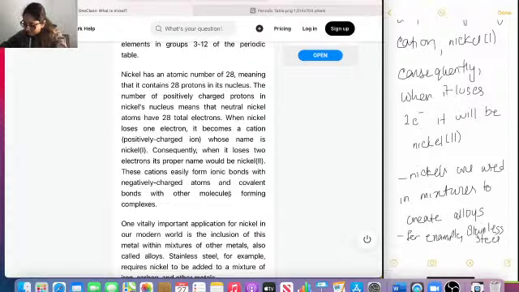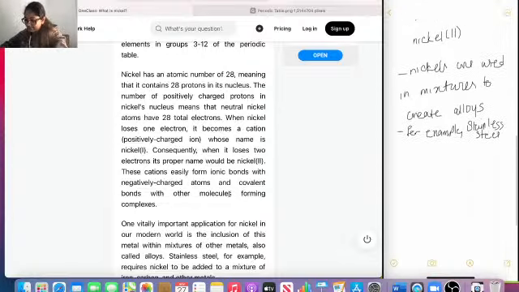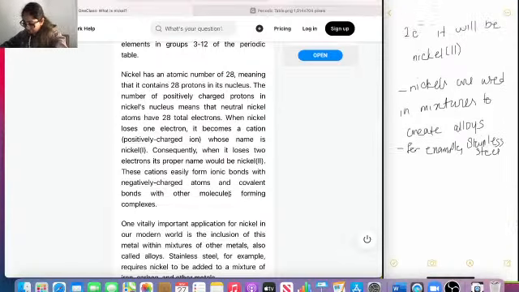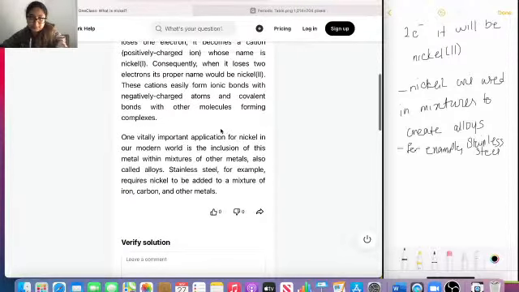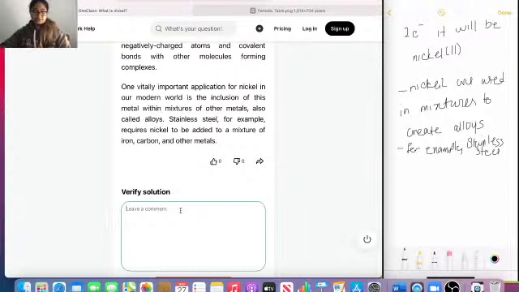That's how you get stainless steel. So nickel has application uses in the world. It has 28 protons and 28 electrons, and it's part of the group 10 elements. So this is correct.